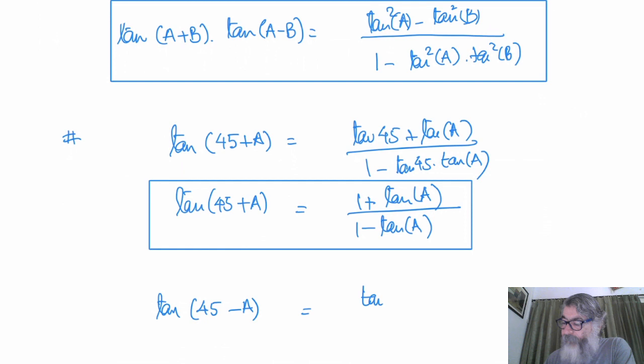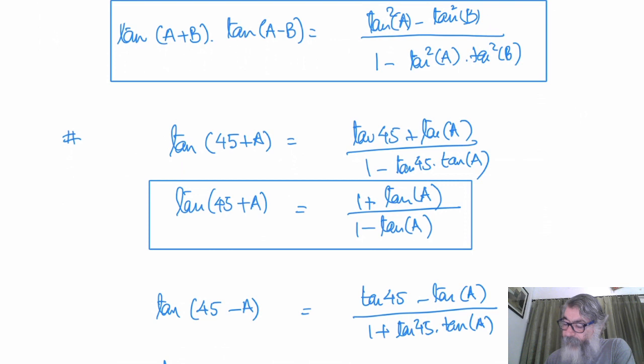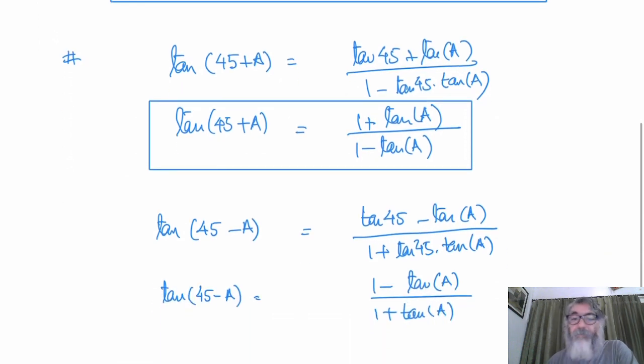It will be again tan 45 minus tan A upon 1 plus tan 45 tan A. So tan(45−A) will become 1 minus tan A upon 1 plus tan A. So again the same thing, if I see somewhere 1 minus tan A upon 1 plus tan A, I can always write it as tan(45−A).